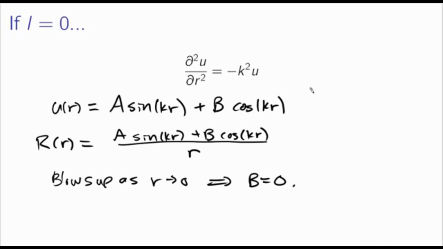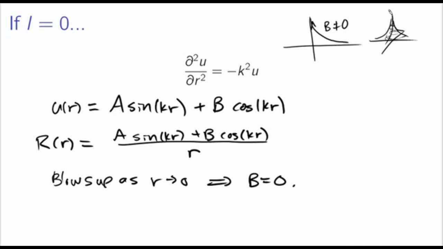If you want to think about your wave function just conceptually here, as a function of r, it would blow up as r goes to 0 if b was not equal to 0. Thinking about that in two-dimensional space, for instance, if we're looking at a slice through the center, we would have a wave function that blew up at the center.